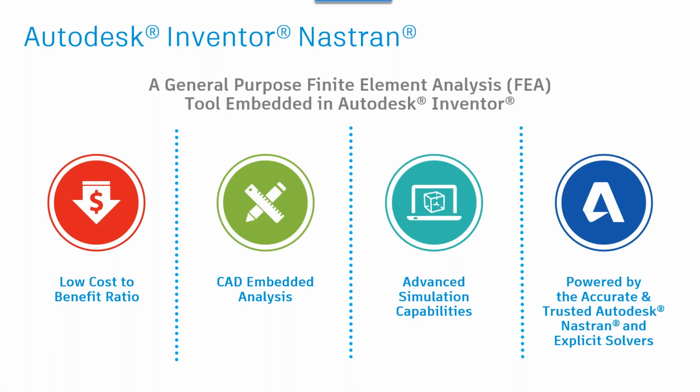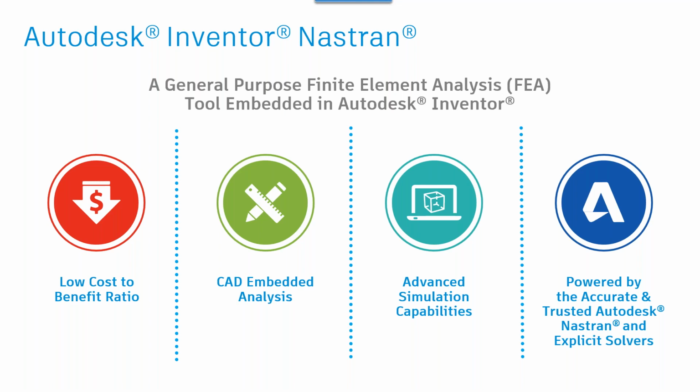The key purpose of having Inventor Nastran within Inventor is, first, you have a low cost to benefit ratio. You don't have to purchase a separate simulation software for it. It's embedded within your CAD environment, so you can run your simulations in your CAD environment, make design changes, and run them in your simulation environment inside your CAD environment.